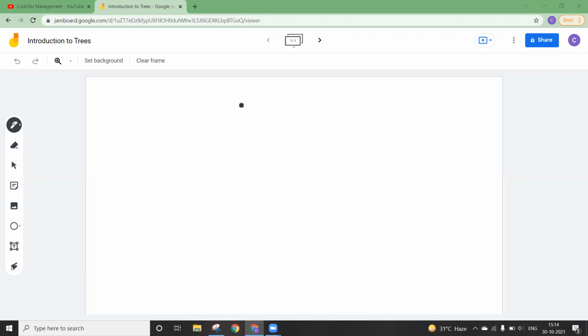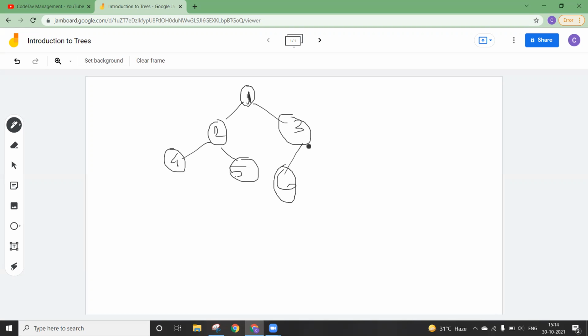Suppose this is 1, 2, 3, and then 4, then 5, then suppose 6, here 7.